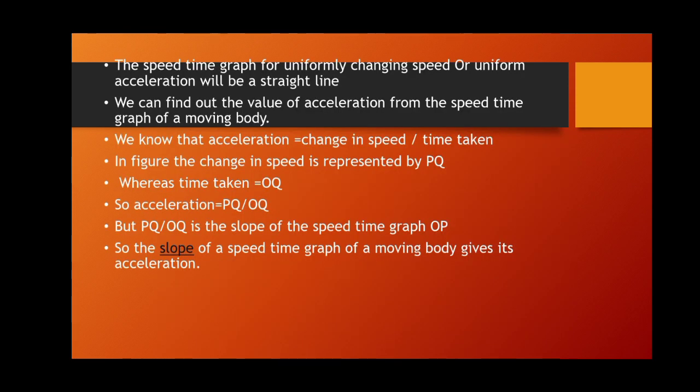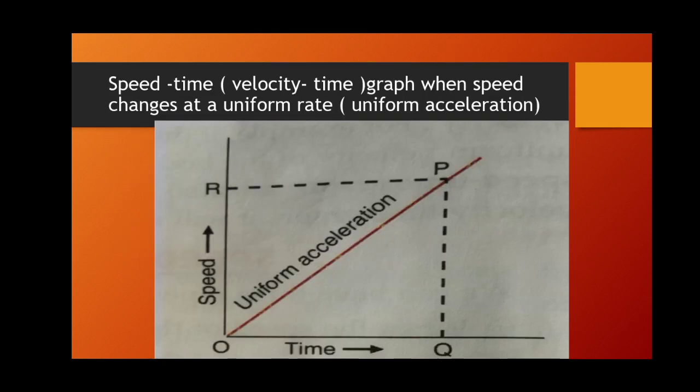We can find out the value of acceleration from the speed time graph of a moving body. We know that acceleration is equal to change in speed by time taken. In the figure, change in speed is represented by PQ and time is represented by OQ.